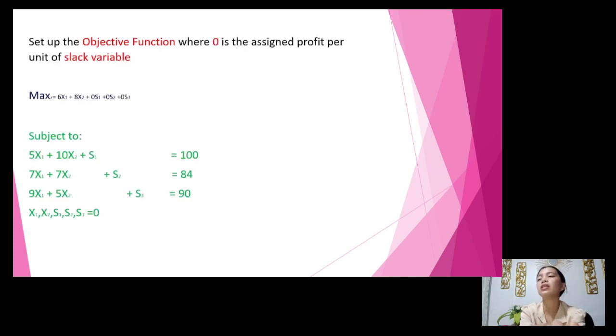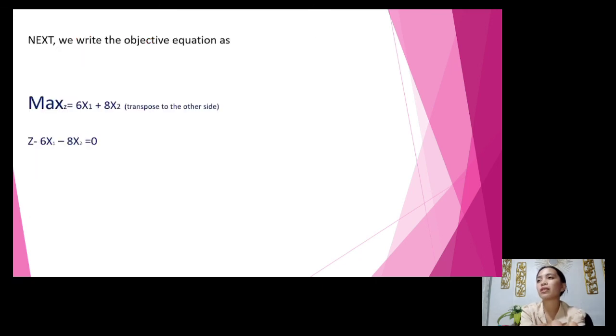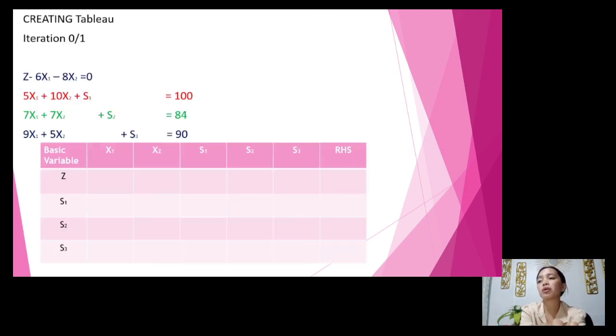So let's proceed. We should set up our function where 0 is assigned as profit for our unit of slack variable. Next we will write our objective equation: max z equals 6x sub 1 plus 8x sub 2, then transpose to the other side, so it becomes negative 6x sub 1 minus 8x sub 2 equals 0.